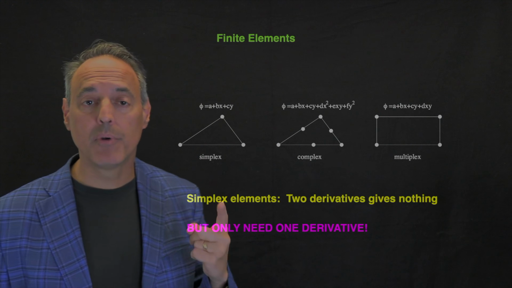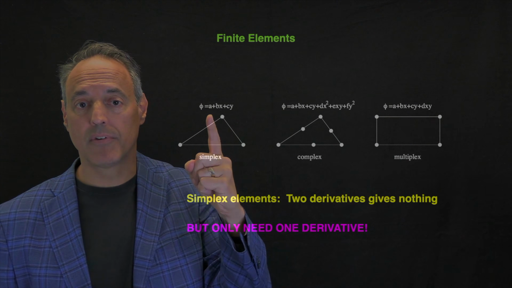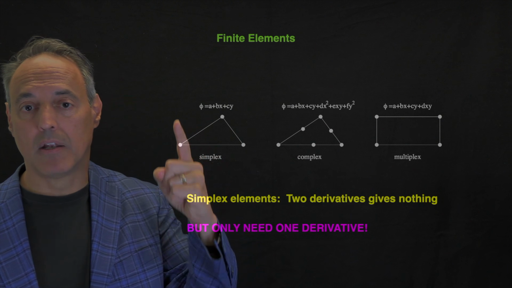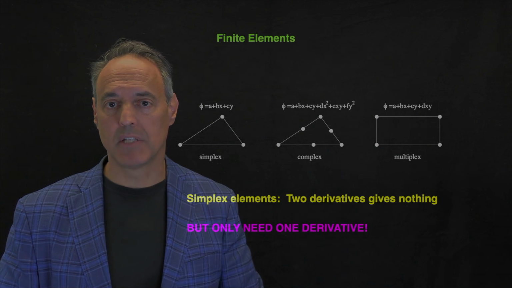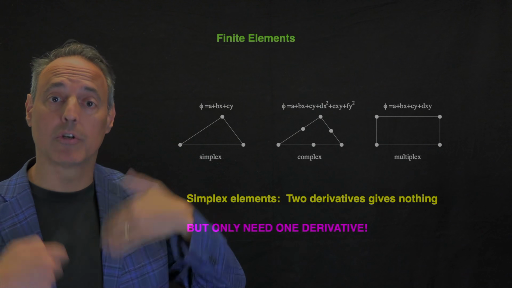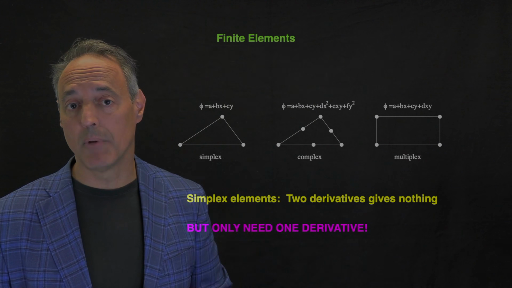There's only one derivative needed, and if I take one derivative of this, you get one derivative in x, you get b, one derivative in y, you get c. So you get information by taking derivatives, versus before, if we took 2 derivatives, I don't have any information to be gained by that.